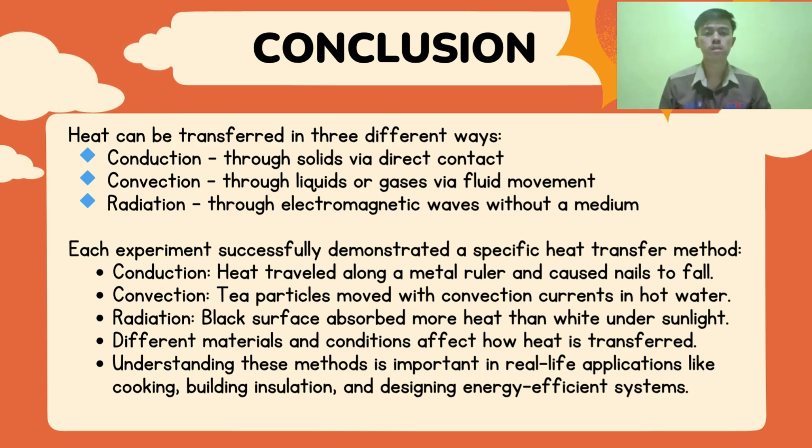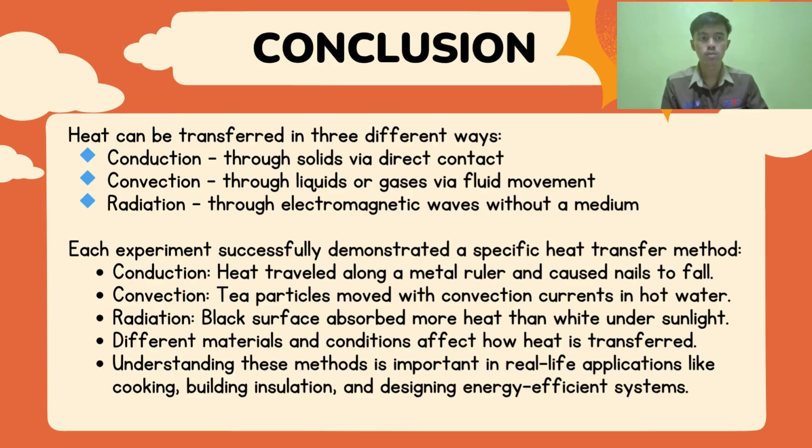So, from the three experiments, conduction, convection, and radiation, we have observed the different ways heat can be transferred. The conduction experiment occurs in solids, where heat moves through direct contact between the particles.